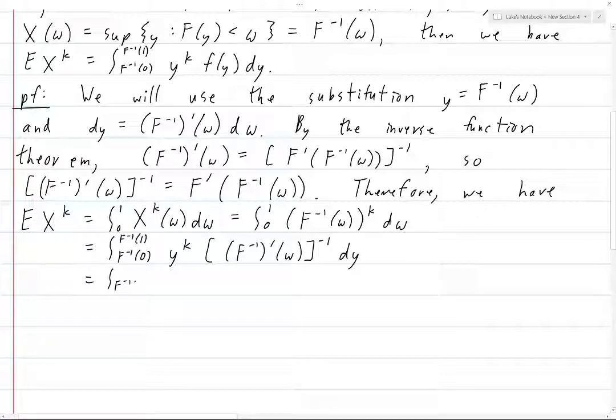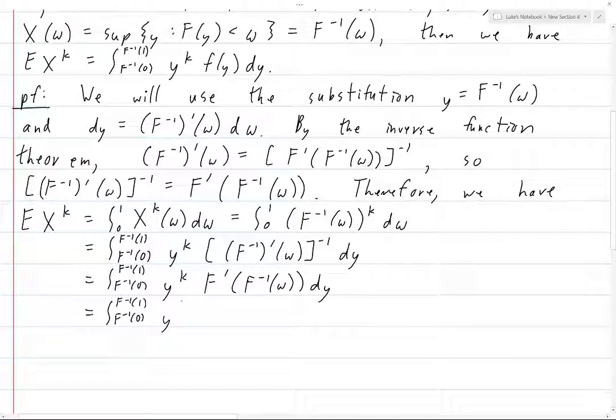So this is going to be the integral from F inverse 0 to F inverse 1. Now we've got y to the k, and this part is going to become F prime of F inverse omega dy. But now we know how to deal with this, because we're just using our substitution.